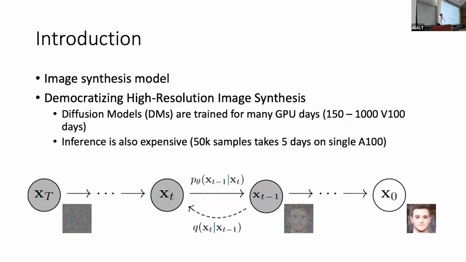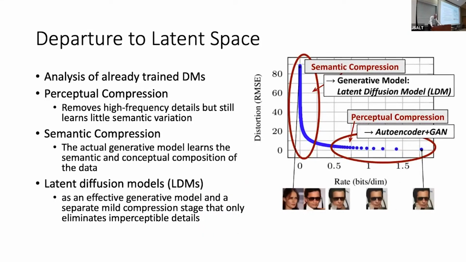And the diffusion process is really computationally expensive, and the inverse also. So people from Munich thought about this, and they were like, we should use something different. Because here is the graph about semantic and perceptual compression, which is happening usually in the generative models. First, the model starts to compress the semantic information, like I'm looking at a face or whatever, and it does not bother with the details.